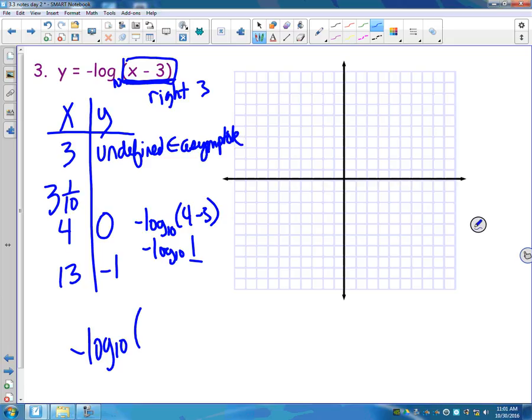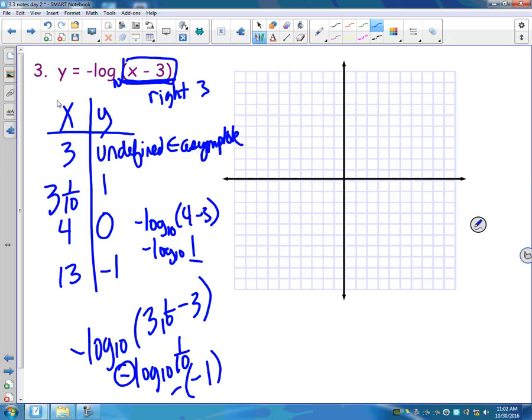And again, do the math here. 3 and 1/10 minus 3, doesn't that just give me 1/10? And again, I'm picking that because I can do that one without a calculator. 10 to the what power equals 1/10? Well, that's negative 1, but this negative out front is actually going to make that positive 1. And again, it's because we're flipped over here.